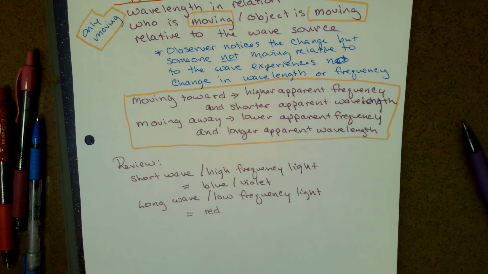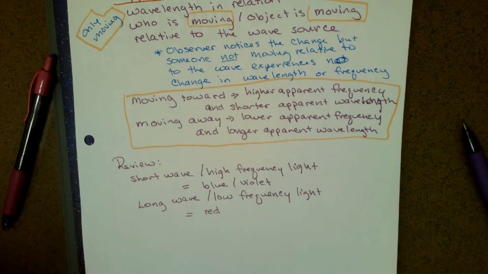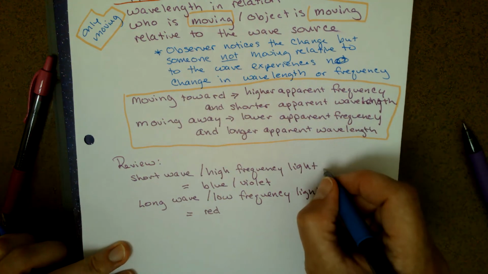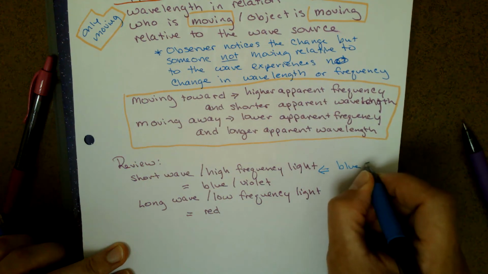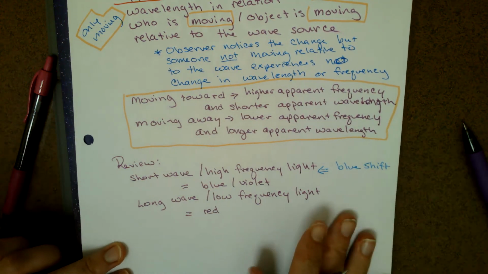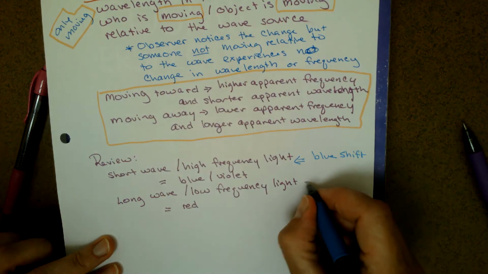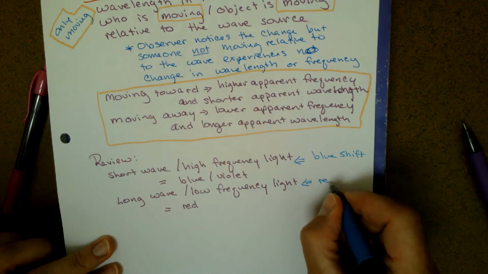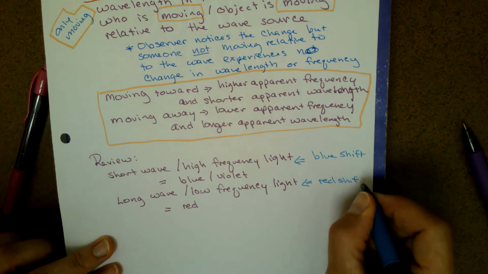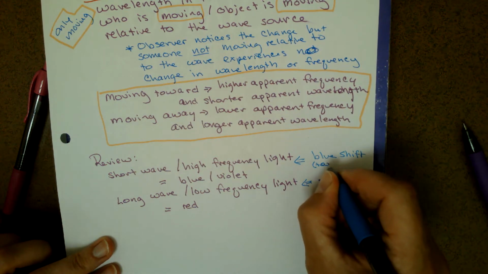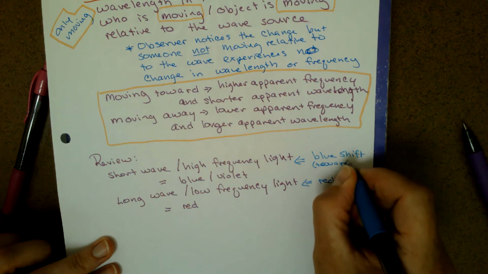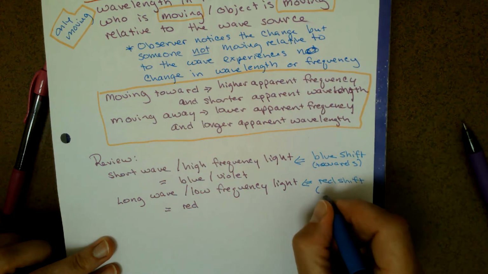So when we see these relative to Doppler, we call this the blue shift, and we call this the red shift. Blue shift is moving towards, and red shift is moving away.